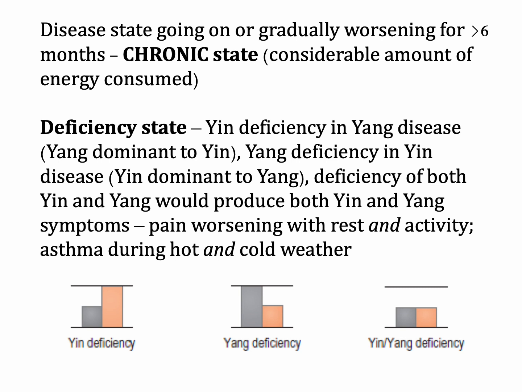A disease state which has been going on or gradually worsening for more than 6 months is a chronic state, where a considerable amount of energy has been consumed.